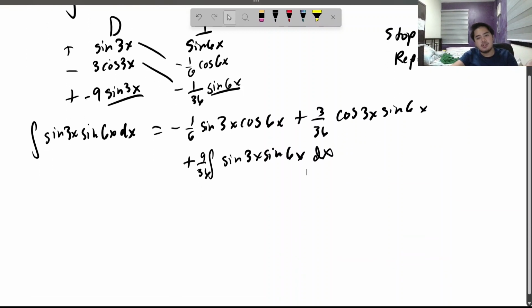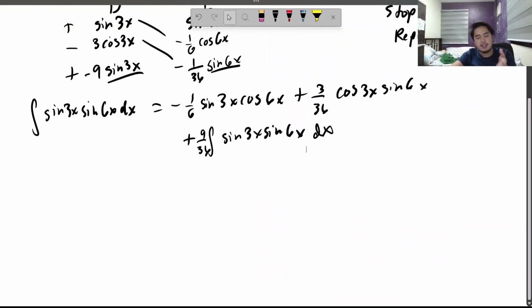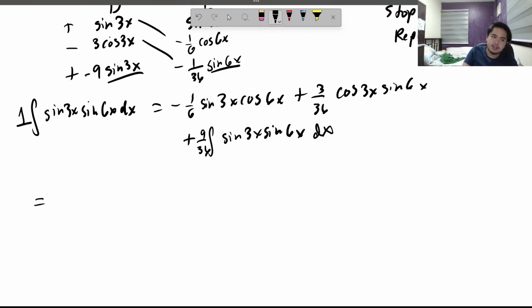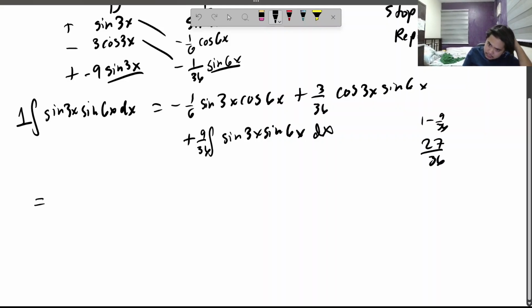We just transpose the second integral to the other side, and we get 1 minus 9 over 36, since the factor here is 1. So 1 minus 9 over 36 is 27 over 36. In simplest terms, 27 over 36 is 3/4.